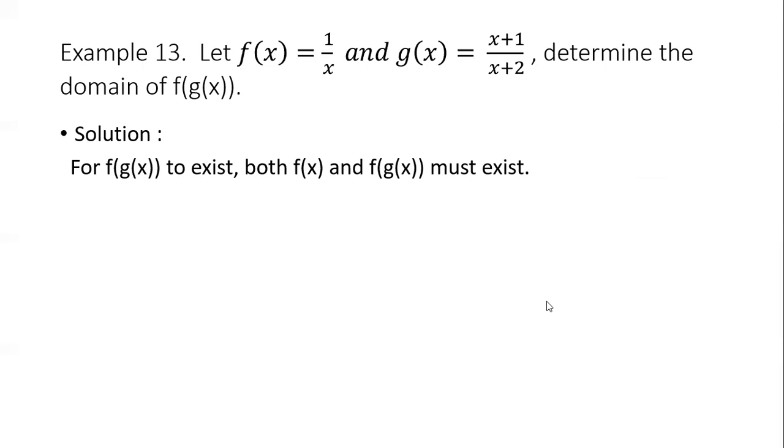Next one, example 13. Let f(x) be 1 over x, and g(x) is, wait a minute, I cannot see that it is covered. g(x) is (x plus 1) over (x plus 2). Determine the domain of f of g of x. I already wrote here what we want to find out, f of g of x. This exists only if g of x exists, right?